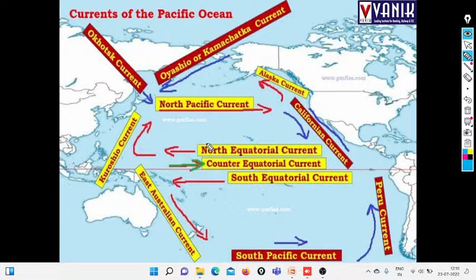Among that, let us discuss one by one the North Equatorial Current. We can see it is here. The North Equatorial Current flows along the equatorial line.